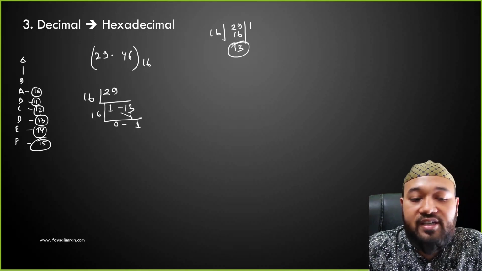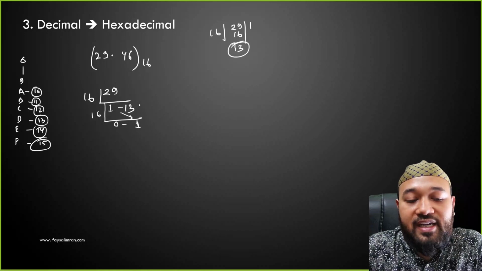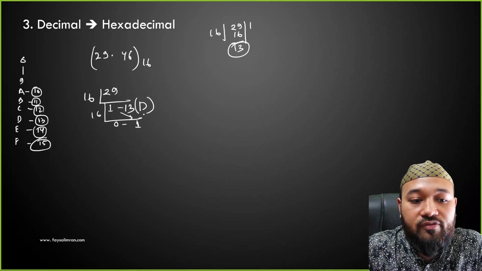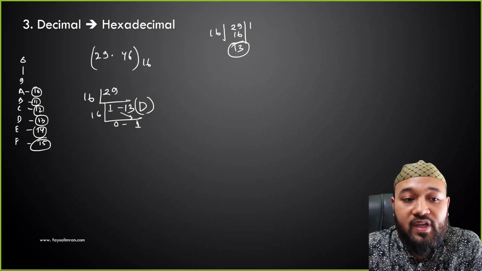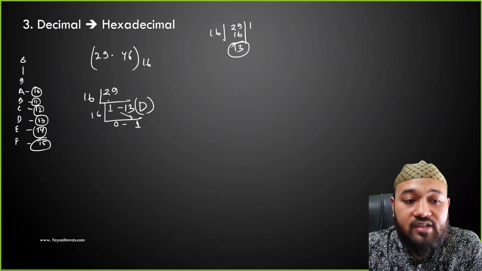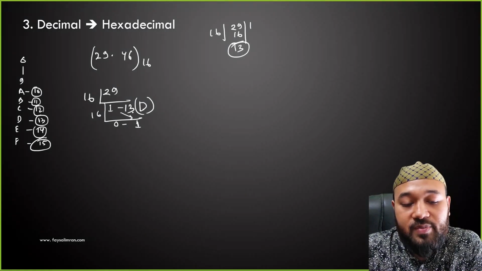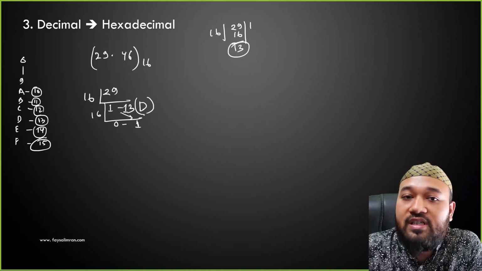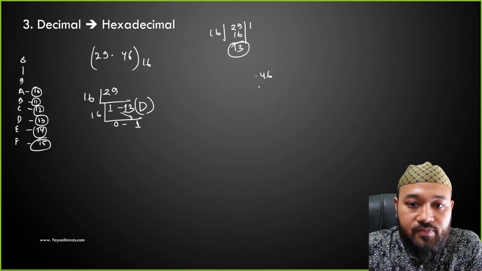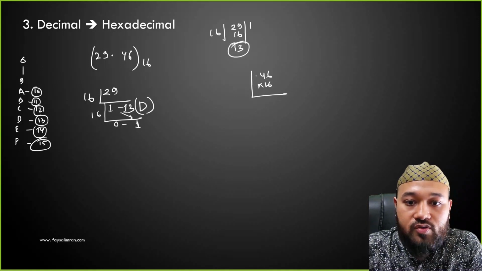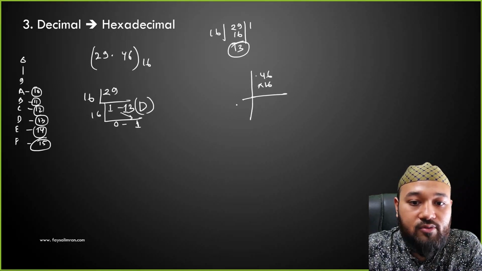So 13 actually indicates D. Because we have already entered the hexadecimal system, we don't have 13, we have D.